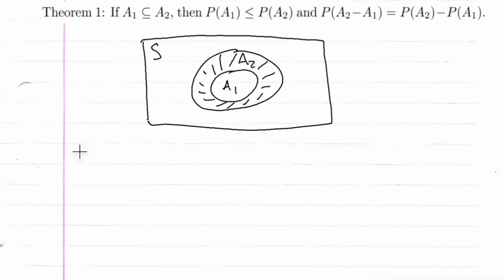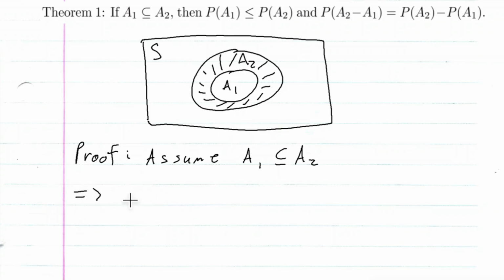Okay, so proof. We're going to assume that A sub 1 is a subset of A sub 2. Well, if A sub 1 is a subset of A sub 2, this implies that A sub 2 is equal to A sub 1 union A sub 2 minus A sub 1.